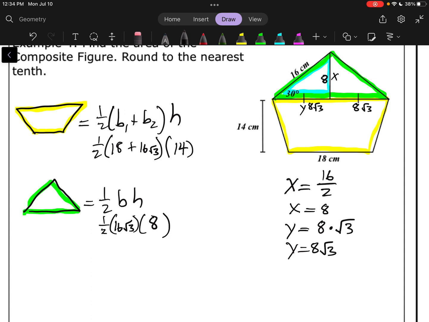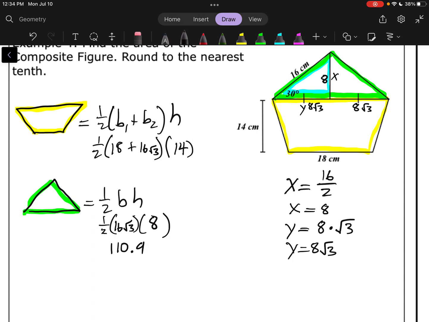Let me go ahead and find the triangle because I was doing that most recently. I'm going to do 1/2 times 16 root 3 times 8. And I'm going to get 110.9.